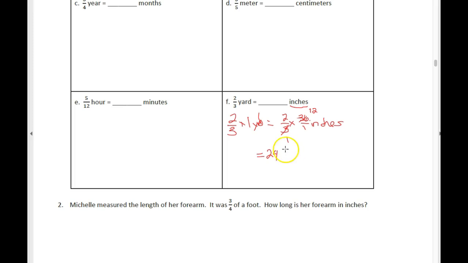And so now let's do a tape diagram to see if that's real. So what we have here is a yard, and we're breaking it according to this into thirds. So let's do that. Breaking it into thirds.